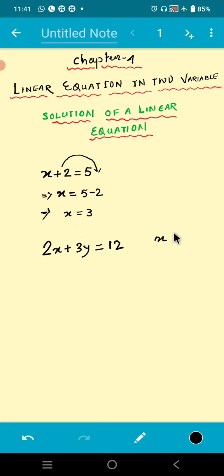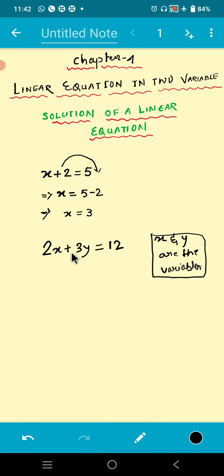That is x and y, isn't it? So you have to come up with those pair of values which satisfy the equation. Fine. And those values would be termed as the solution.